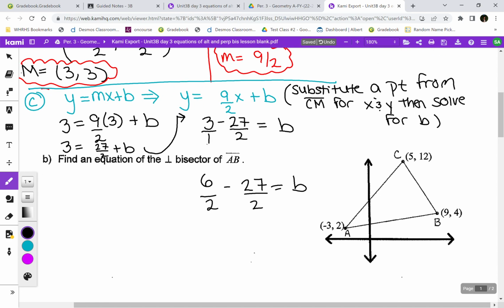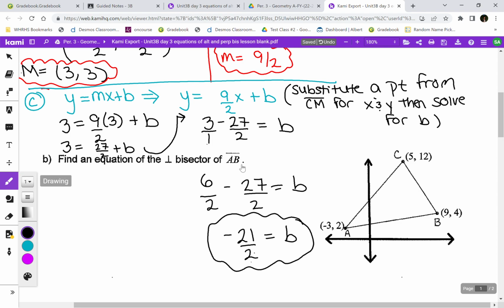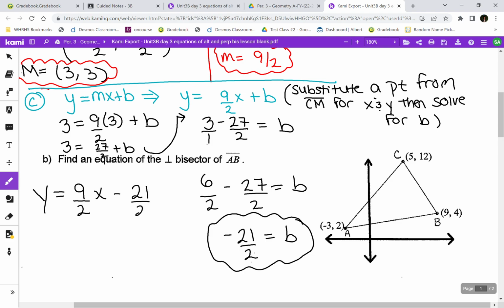So 6 over 2 minus 27 over 2, do we agree that is negative 21 over 2? That equals b. Now that I have a value for m and a value for b, do I have everything I would need to write an equation? Yes. So our equation is going to be y equals 9 halves x minus 21 over 2.